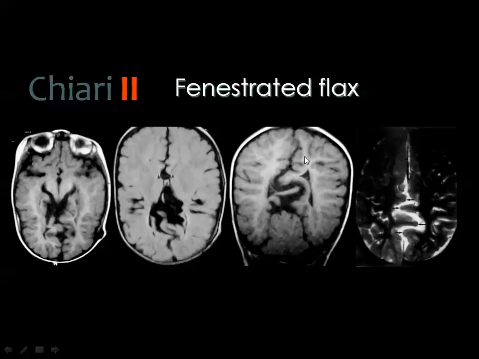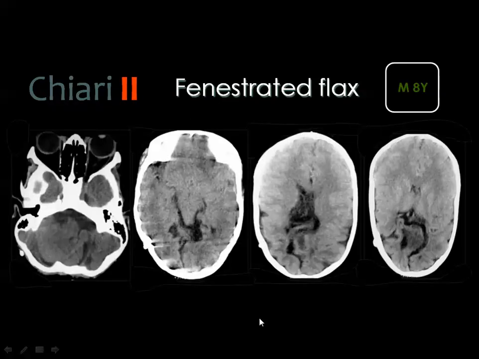You can see that brain tissue of the left hemisphere is crossing the midline to the opposite hemisphere, and the brain tissue of the right hemisphere is crossing the midline to the left side. Whenever you see this finding, this is one of the diagnostic stigmata of Chiari-2 malformation. You can say by this finding alone that you are dealing with a case of Chiari-2 malformation by the presence of fenestrated falx, meaning brain tissue crossing the midline to the opposite side.